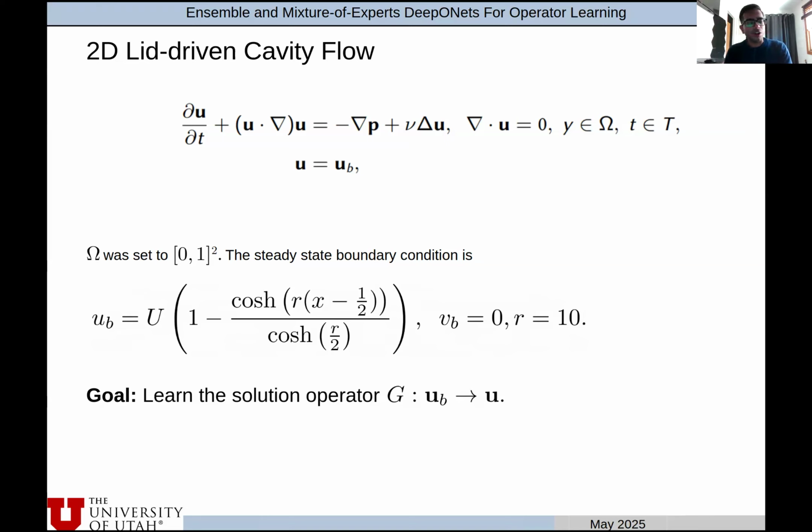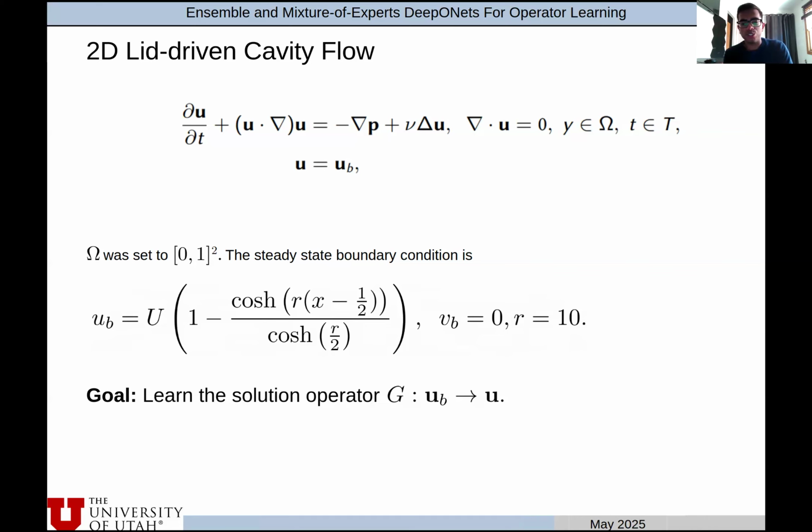And the operator that we try to learn is from that velocity function, the boundary function, to the final solution. Now we're working with the steady state solution, so it's just what the solution ends up being as the impulse boundary function dissipates with advection and actually just diffusion in the equation.